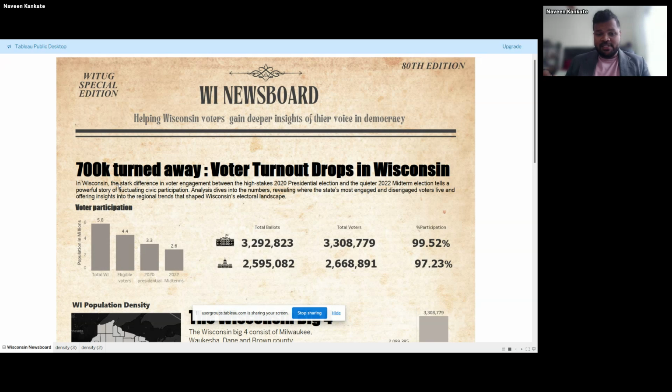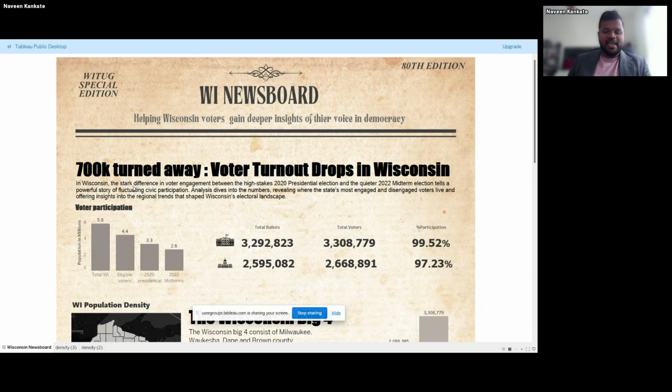If you take a look at the total ballots that were cast, it's 3.3 million, and then again 2.6 million. So we do see a general trend that is down, and you can see that the participation was coming a little towards the down end of the spectrum. Now, a quick question that everybody might ask is, why is this dip coming in?